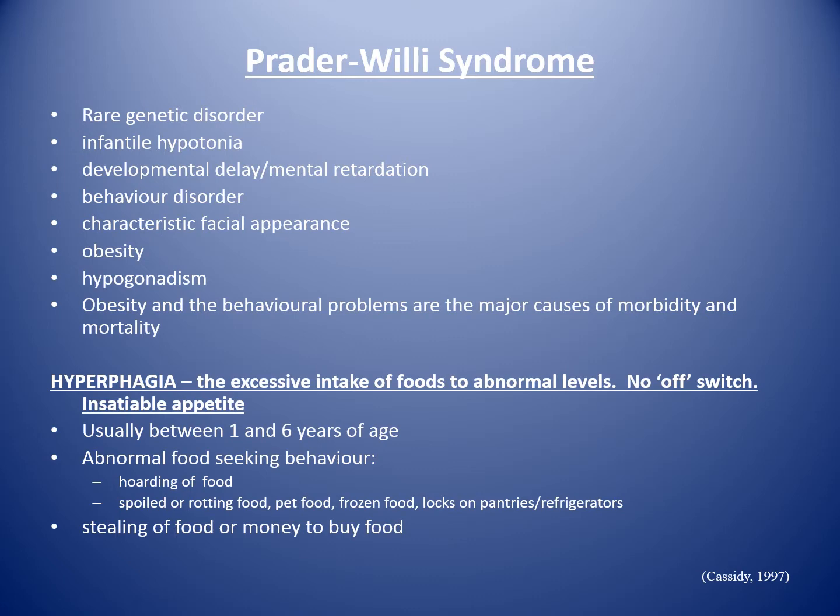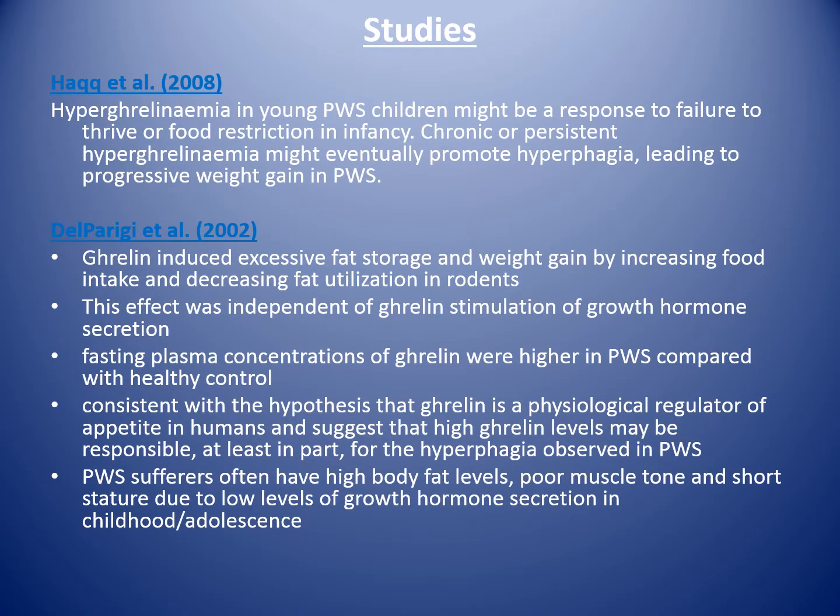Usually this presents itself between 1 to 6 years of age and can result in hoarding of food, eating food that is totally inappropriate, such as pet food or frozen food, eating food out of the bins that's spoilt or rotten, stealing of food or money to buy food, and often you'll find that parents of children with Prader-Willi syndrome have to put locks on pantries and refrigerators just to stop this excessive eating of food.